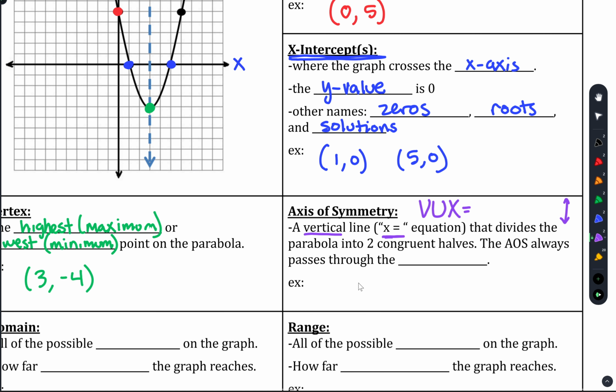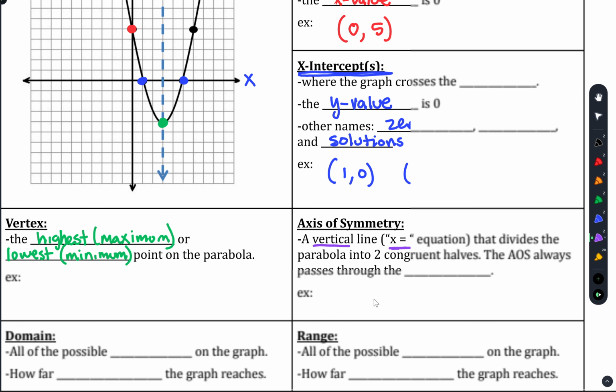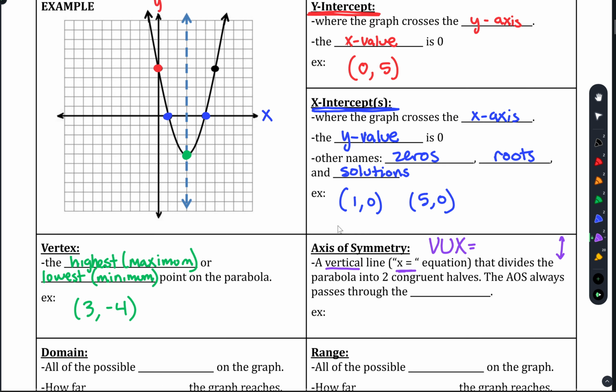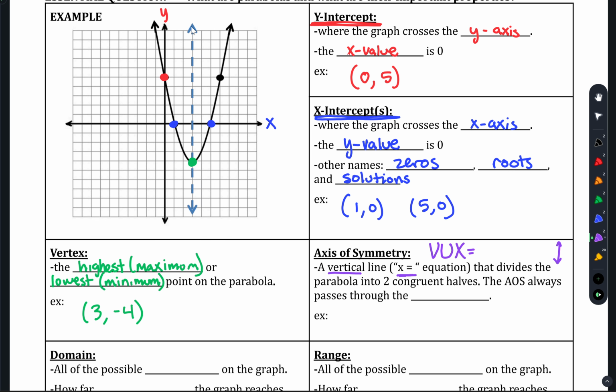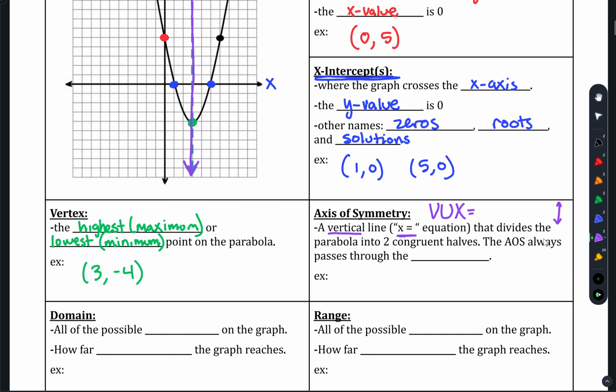It's dividing my parabola into 2 symmetrical parts. So we can see it here. I'm going to highlight it in purple so we can see it a little bit better. But that right there is my axis of symmetry. It's the same on both sides. That axis of symmetry is always going to pass through the vertex.